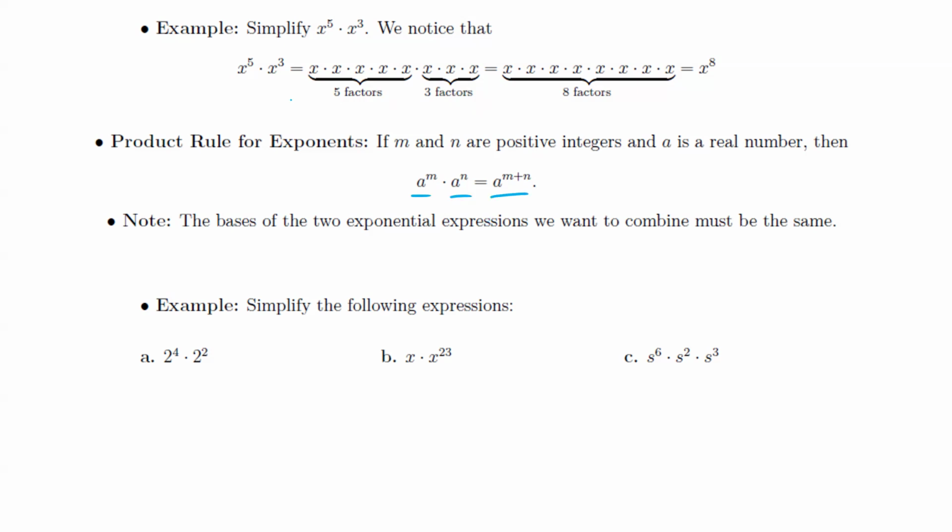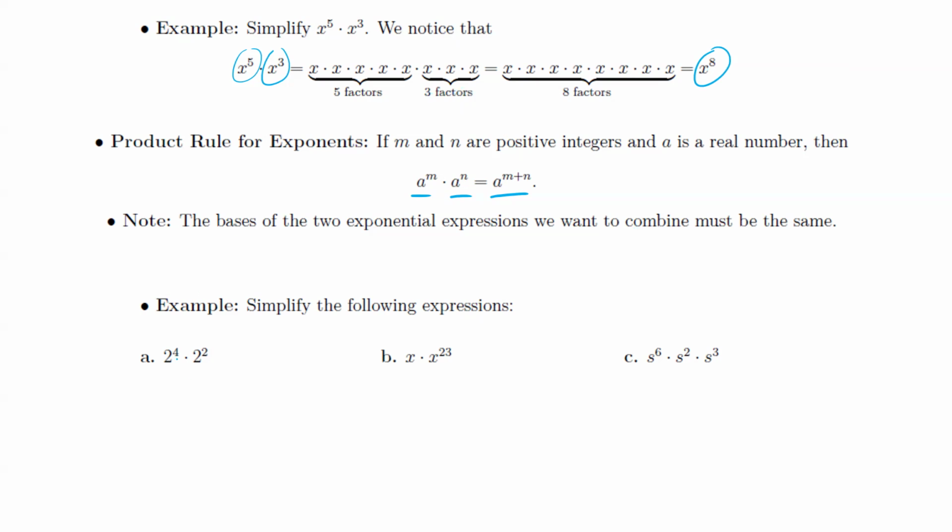And the reason you can see this is if you were to take something like x to the fifth times x to the third and write out how many x's are multiplied together, well, there would be 5 x's here multiplied by 3 x's here. Well, that's a total of 8 x's. So I literally just added the number of x factors in the first one and the number in the second one together to make my resulting x to the eighth power. So pretty straightforward when you actually write it out like that.